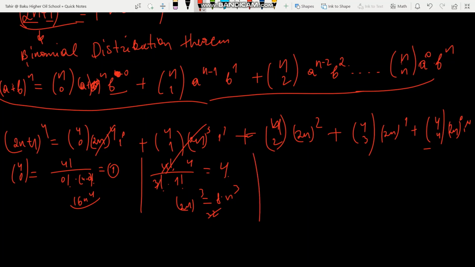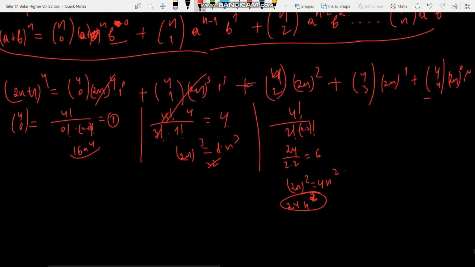And for the third one, let's write 4 factorial divided by 2 factorial multiplied by (4 minus 2) factorial. It will be 24 divided by 2 multiplied by 2, which is equal to 6, and this term is equal to 4n squared. When we multiply them, we will get 24n squared. And right now we don't know whether this term will be divisible by 16 or not, therefore we just keep it for now.